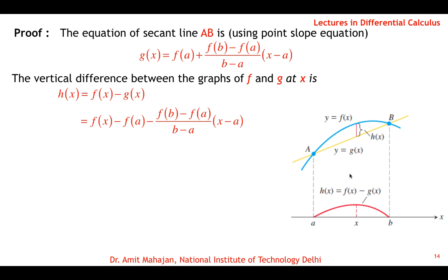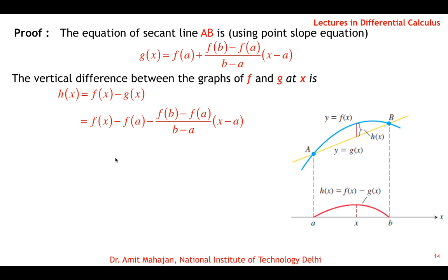Because the function f(x) is differentiable and g(x) is differentiable, the difference is also differentiable in the open interval (a, b). So all the conditions of Rolle's theorem are satisfied, because the endpoint values are also the same: h(a) and h(b) are 0. You can also check that by substituting x as a and x as b here.